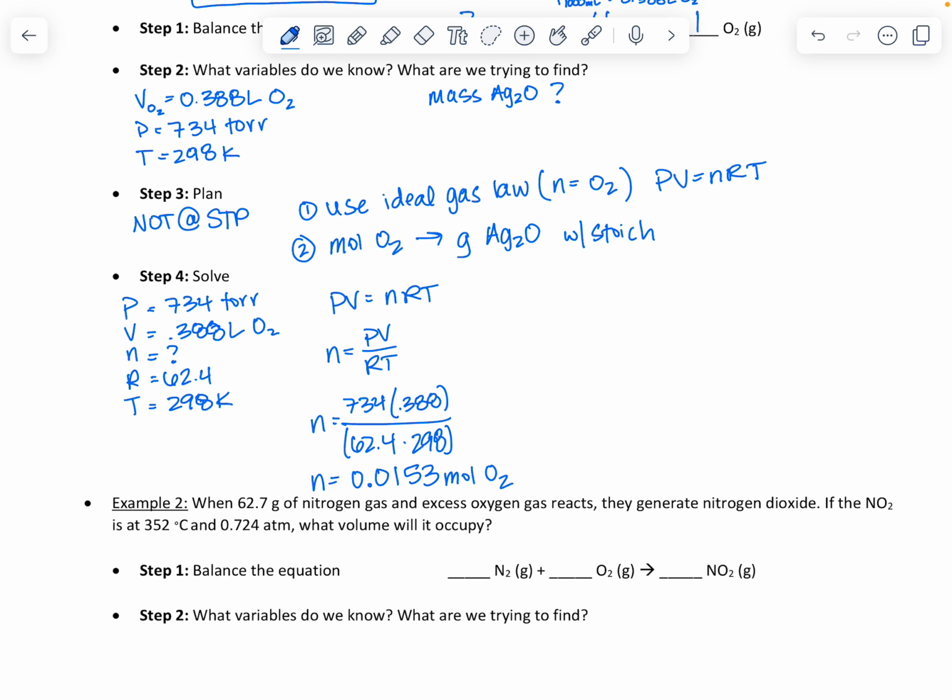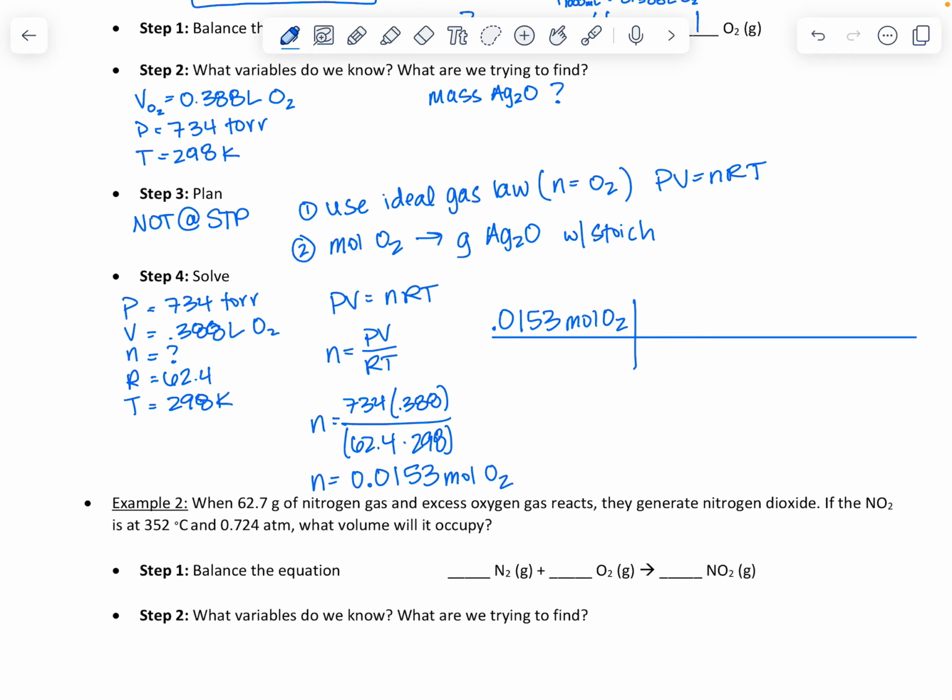Okay, so now we're going to go from moles of oxygen to grams of silver oxide. You can use your foldable or your chart, whatever works better for you. But we're going to set up train tracks. And this is going to be our starting number. Moles of O2. So 0.0153.